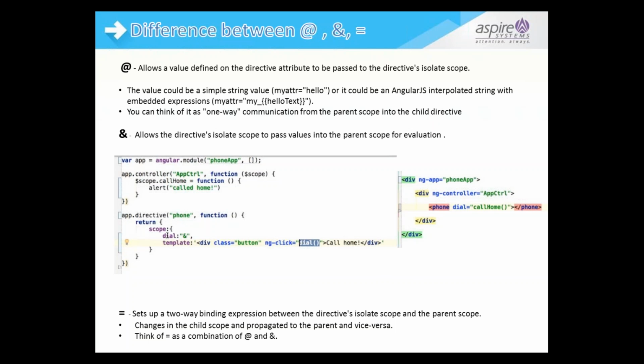Based on the directive you use or based on the page you use, some content will be transferred to it, which will be shown inside the directive. So something has to be transferred to the directive, or something should be transferred back from the directive to the page, to its parent. I will not call it a page hereafter, I will call it a parent. A parent can be a page or a directive. So in order to have this transfer of data between a directive and its parent, we use scope.